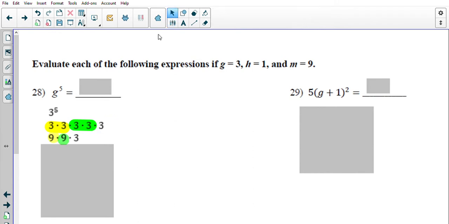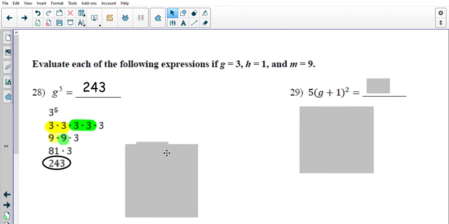I did 9 times 9 next to get 81, and then did 81 times 3. And if you think 80 times 3 is going to get us 240, 1 times 3 is 3, add them together to get 243. I think this is one of the easiest ways to think through it.